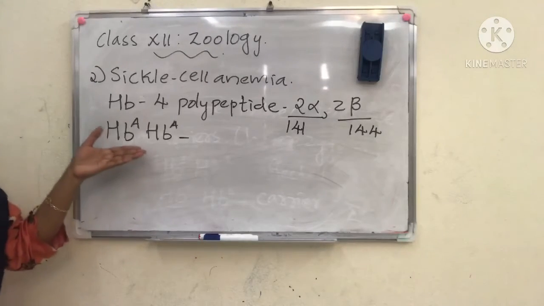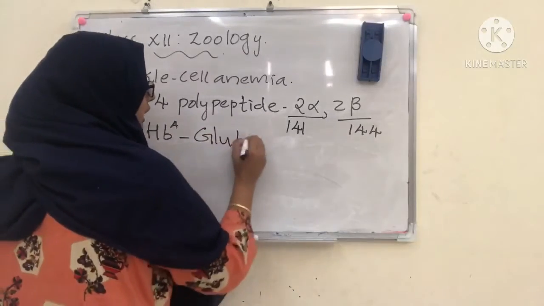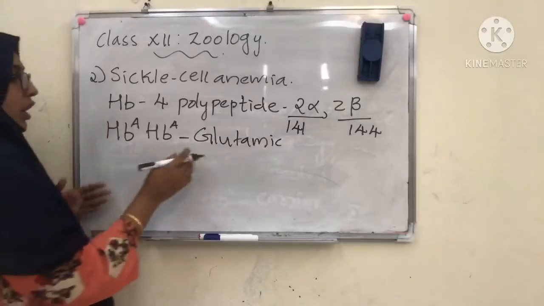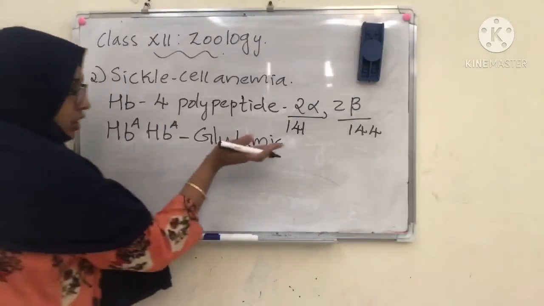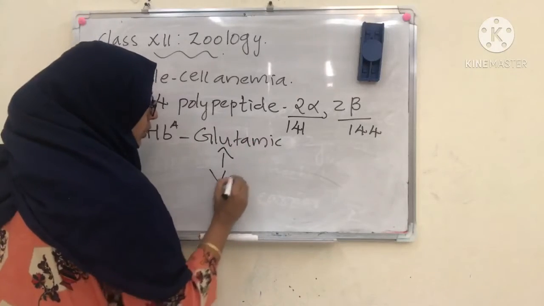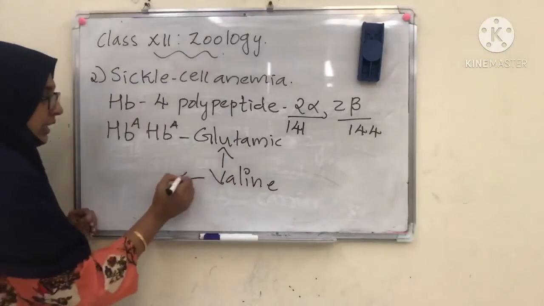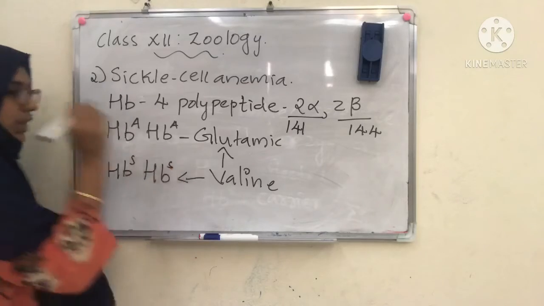The normal allelic pair consists of glutamic acid. You know that glutamic acid is an amino acid. But in the case of mutation, or in the diseased case, this normal glutamic acid will be substituted by valine, another amino acid, which causes this diseased condition.